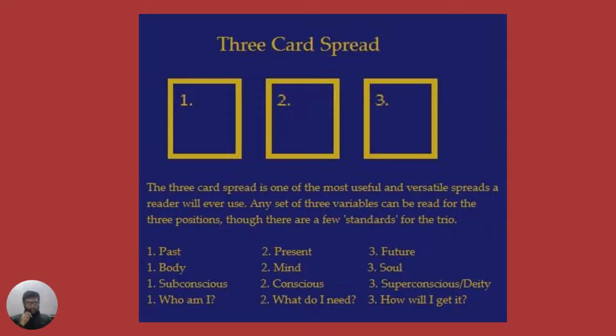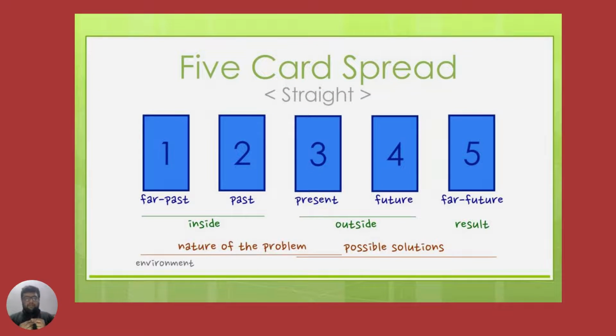So it is a very common spread, and to master any spread, you need to practice repeatedly. You need to learn to connect the spread with the card, and further connect that card with the person.